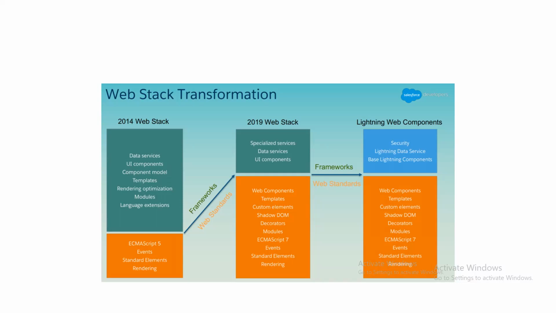Now, with the advent of ECMAScript 6 and 7, we are in Lightning Web Components, where we have Lightning data services and base Lightning components. So we will deep dive into understanding all these aspects.